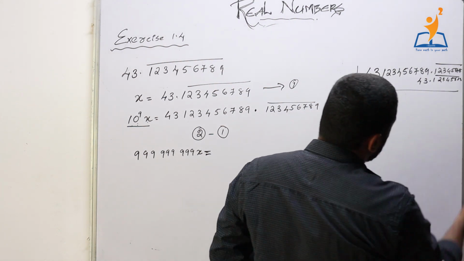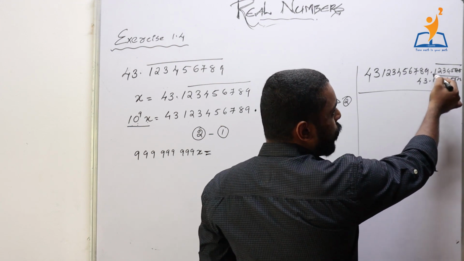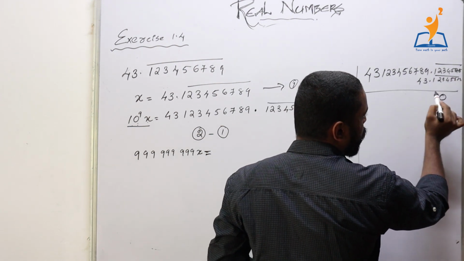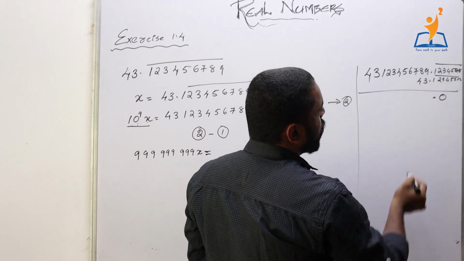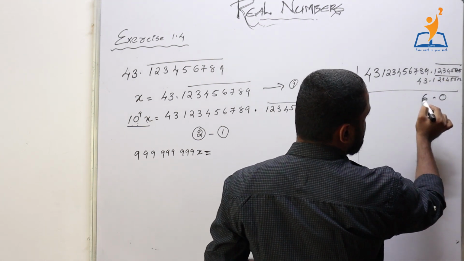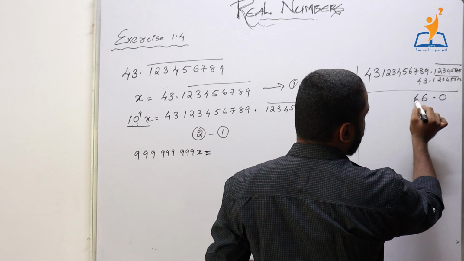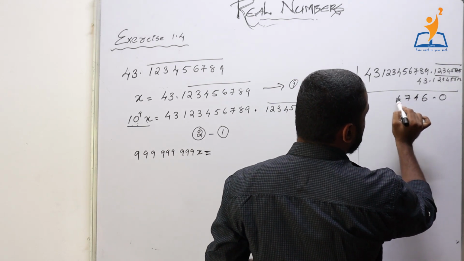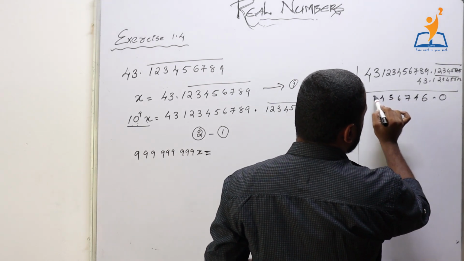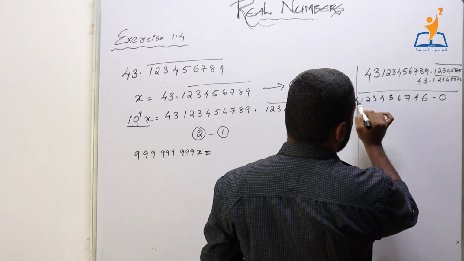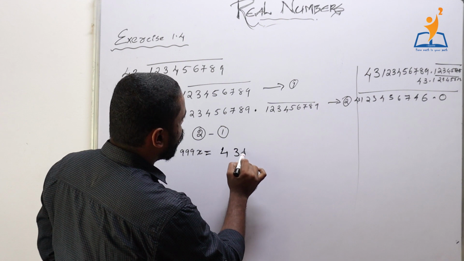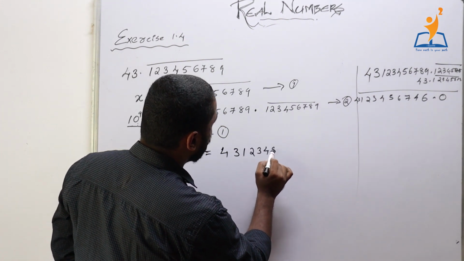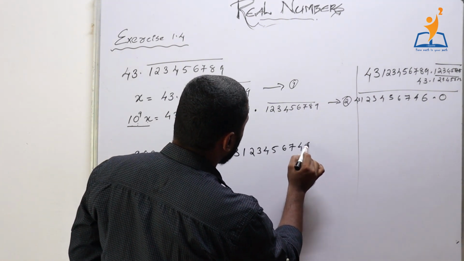See, when we subtract, the number after the point will get 0 point. From 9, we subtract 3 will give 6, from 8 we subtract 4 will give 4, then again the same. So the answer will be 4, 3, 1, 2, 3, 4, 5, 6, 7, 4, 6.